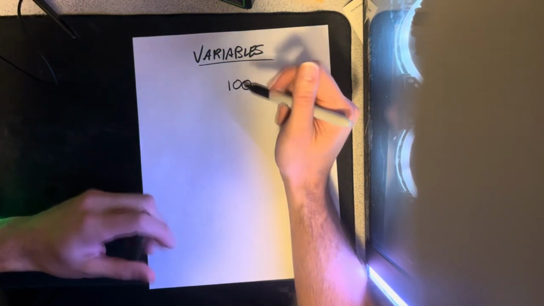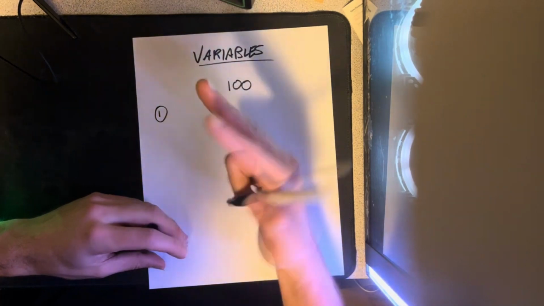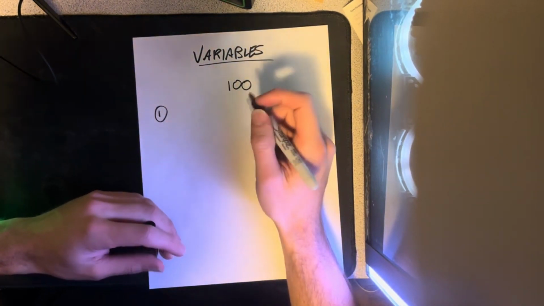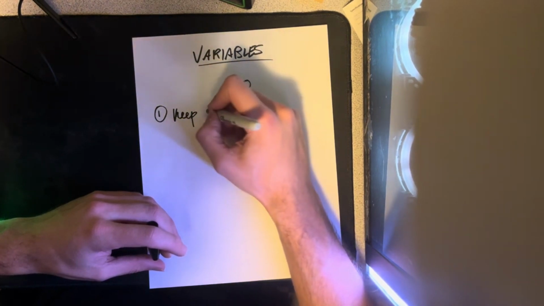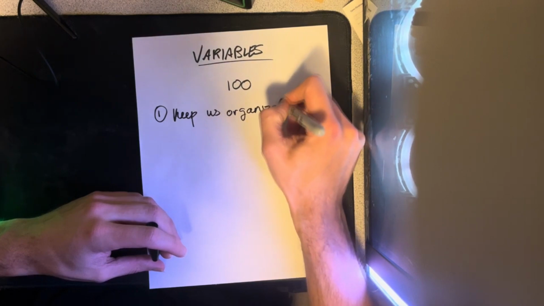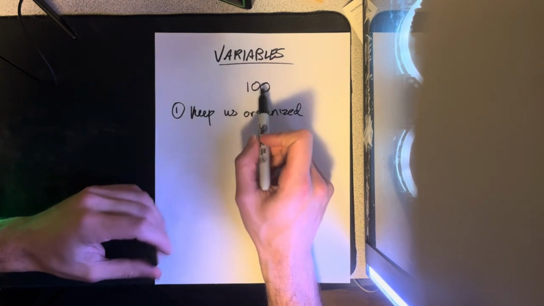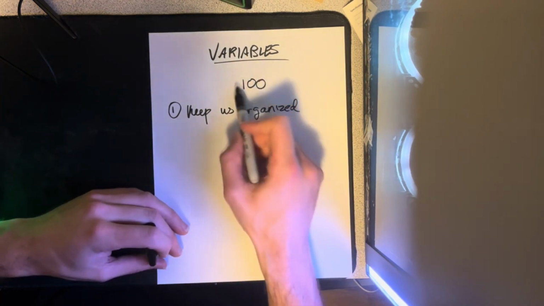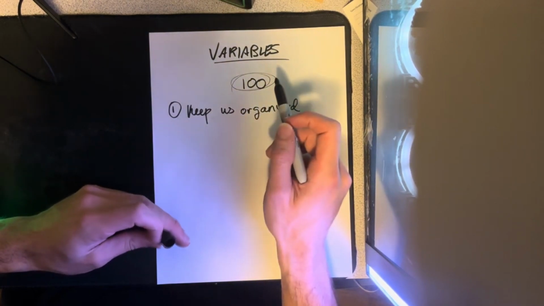Because what do variables do? Well, in my opinion, there's two main reasons we use variables. The number one reason is it helps us organize our code. If you're making a program with a player health of 100, you would just have this 100 floating in space somewhere in your program with no meaning attached to it.